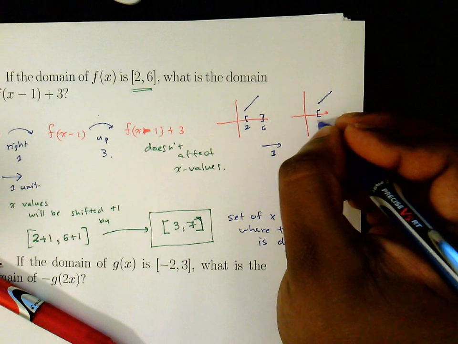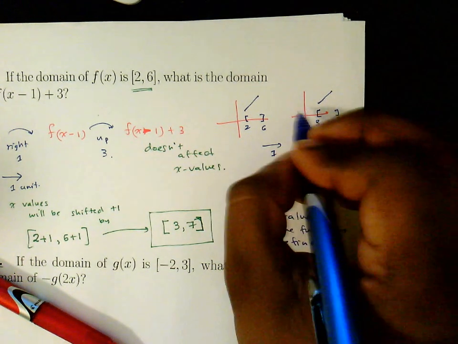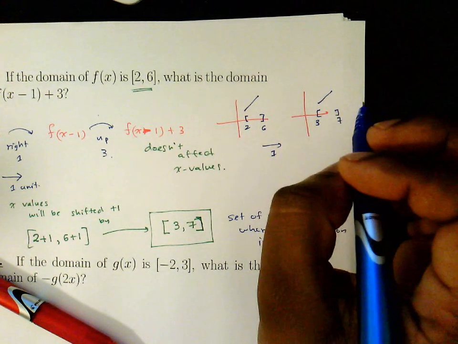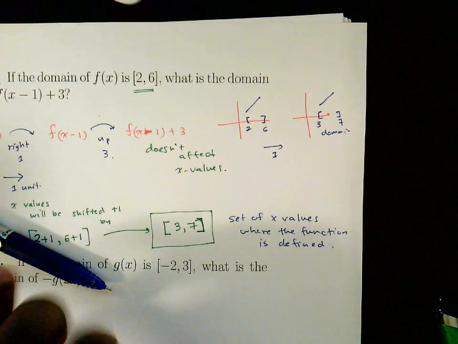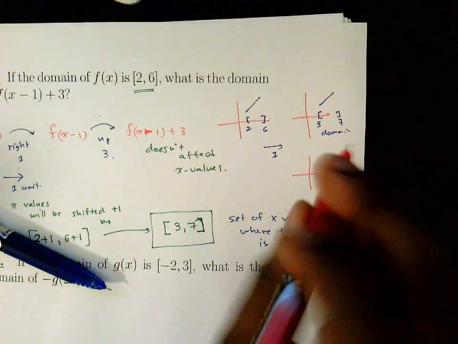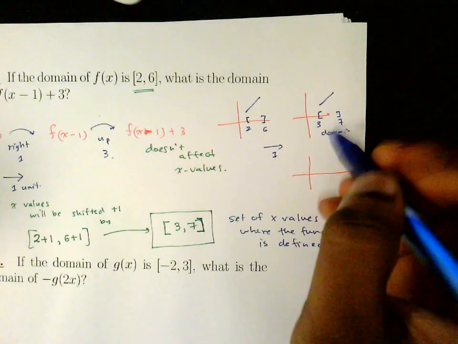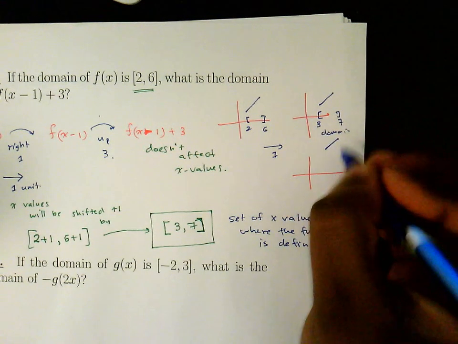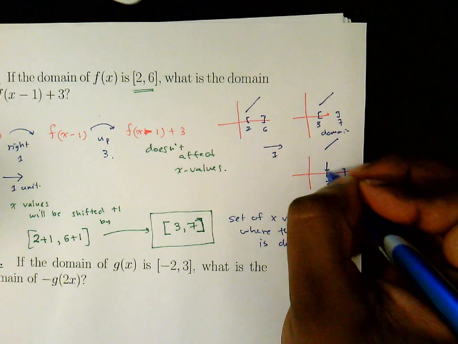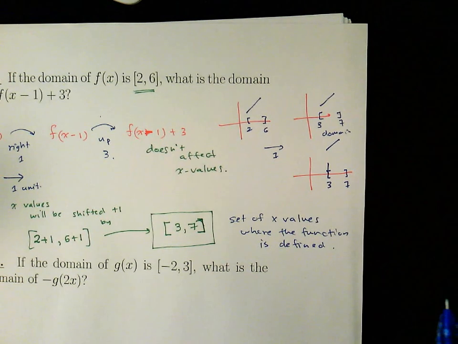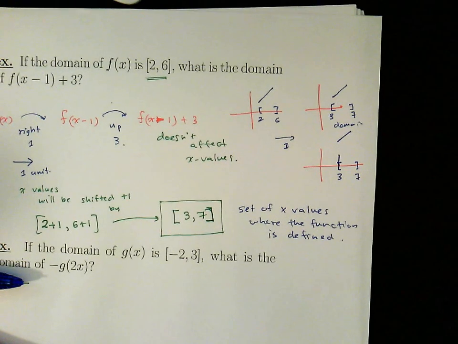Now it would be moved to 3 to 7, and you can see it just moved that way, so the domain is this. Now if you move it up without moving it sideways, you can slide only that way. So it would move up, but the domain will still be 3 to 7. Okay, so that's it.